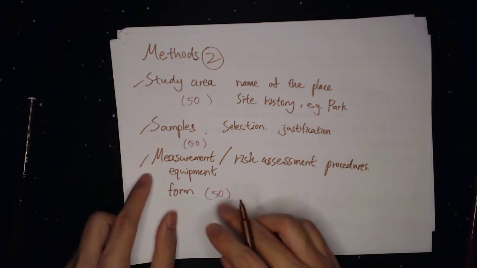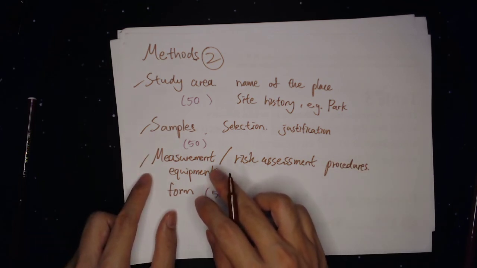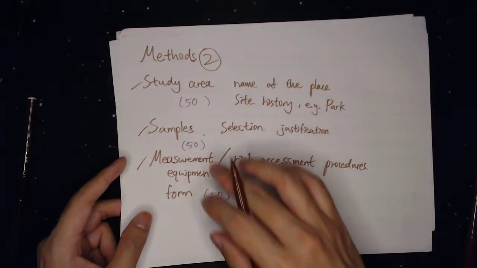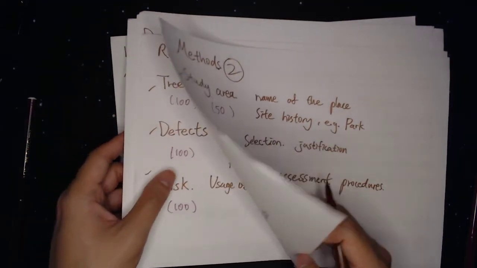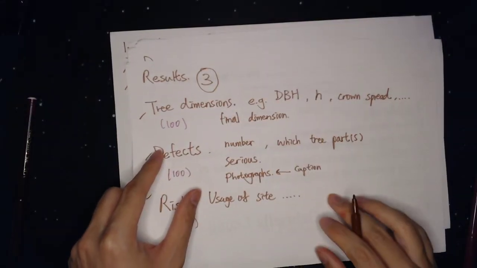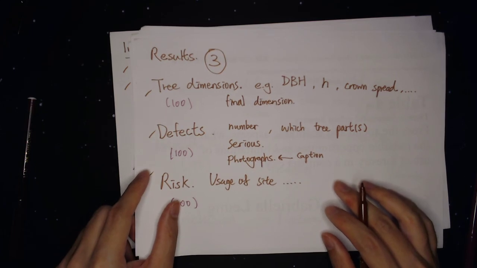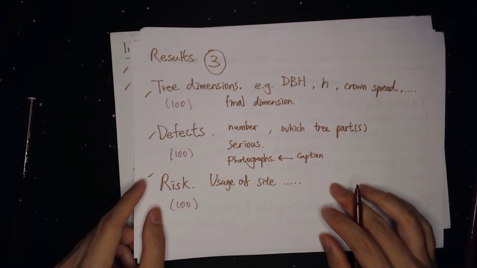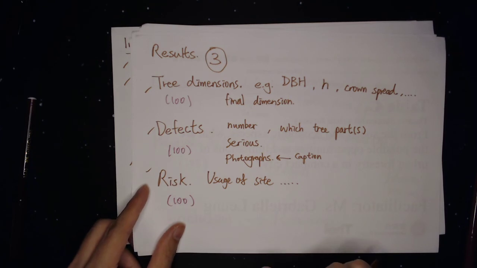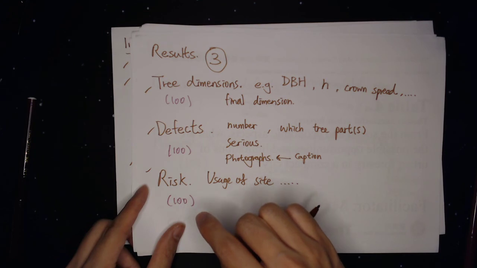And then tell me the procedure of your measurement and risk assessment for the trees. So that is all for the second section. And then we come to the third section, which is the results section. Tell me the physical dimension of the tree. Are there any defects? And give me an overall impression of the risk.